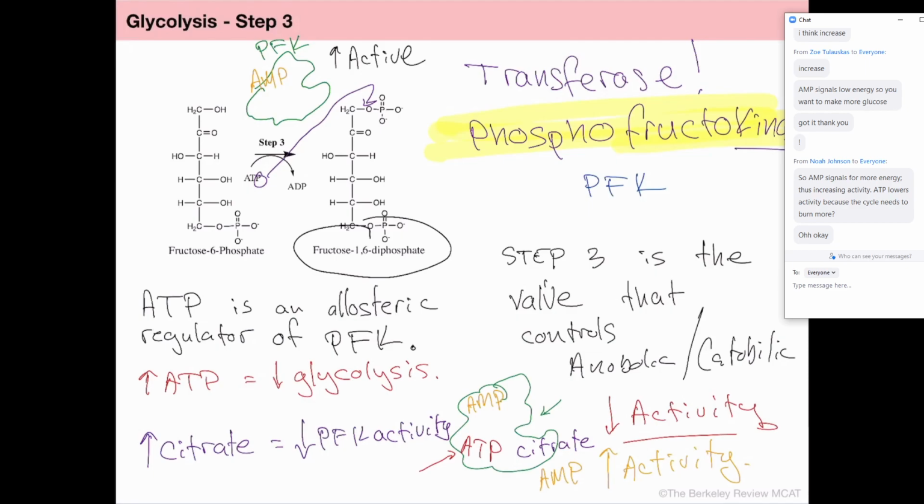If there's low energy, your body signals that we need to increase energy, so it activates PFK, because PFK is the valve that commits glucose to being completely oxidized. You get the net ATPs that we're going to talk about, and it also sends it down through the TCA cycle and oxidative phosphorylation.